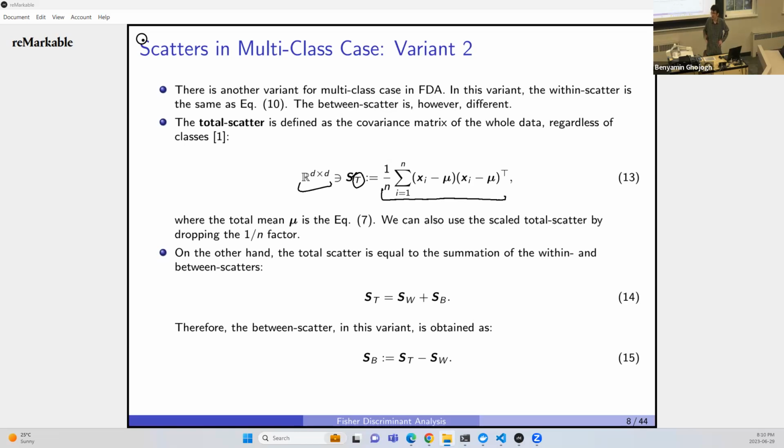It can be proved that you can see ST as the summation of SW plus SB, right? There are covariances between the classes and also within the classes. Their summation becomes ST. So you can rearrange this: SB, the between scatter, you can see it as ST minus SW.